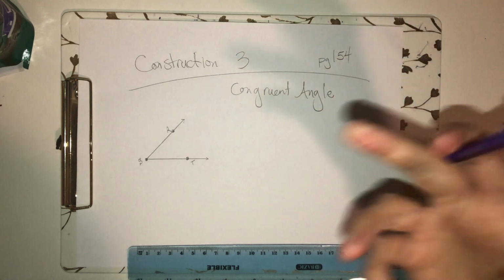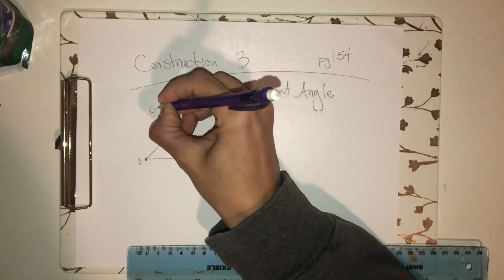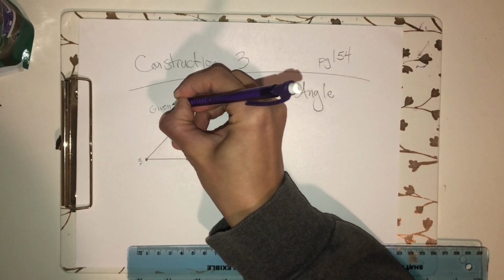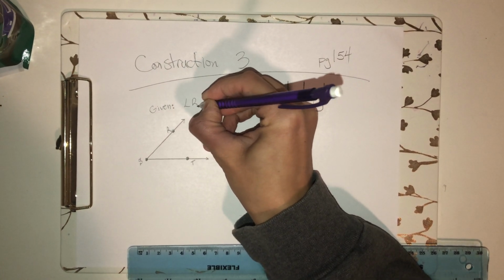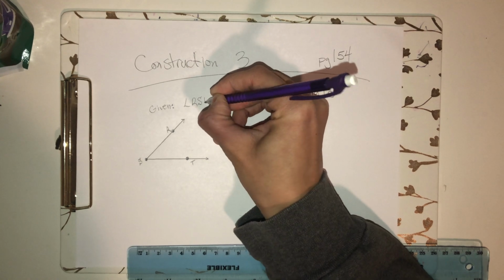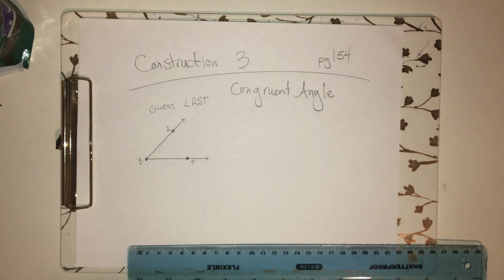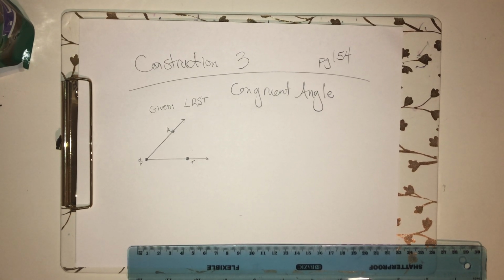So here's what we're given. In fact, I'm going to go ahead and label it as given. Angle RST, pictured here. And so, to begin the construction, you will want to give yourself ray PQ.